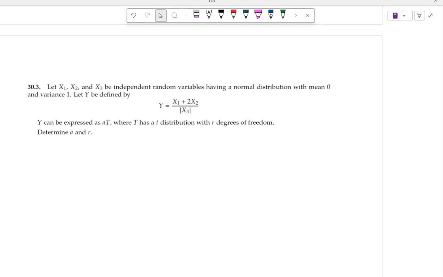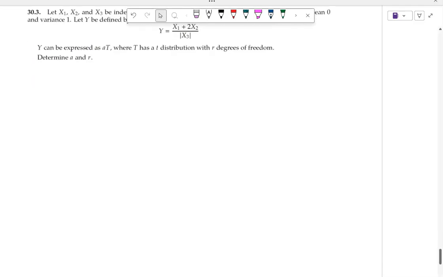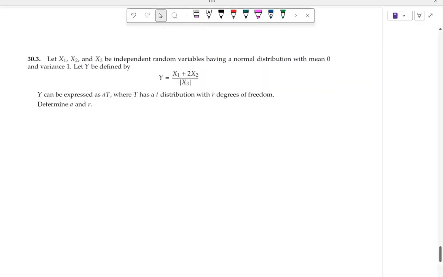All right. Let's do this last one, and then I've got one more handout for you when we talk about central limit theorem. So same idea here. Let's look at the top. X1 is standard normal, and so is X2. When I do X1 plus 2X2, what kind of distribution does it have?